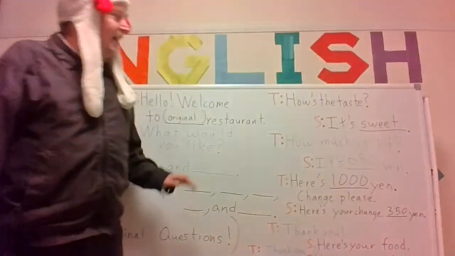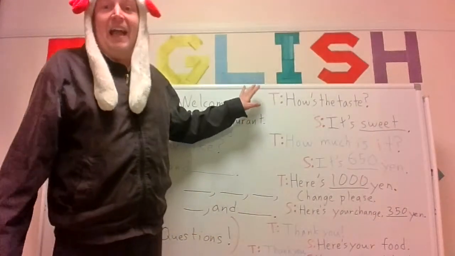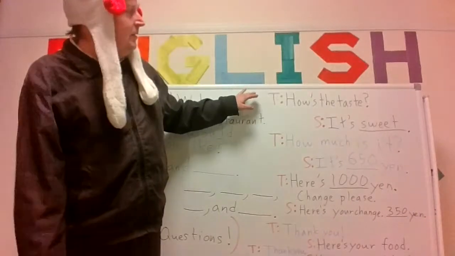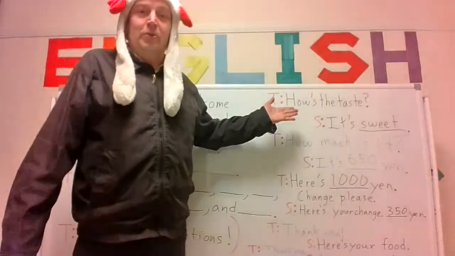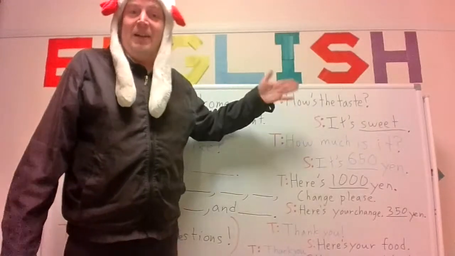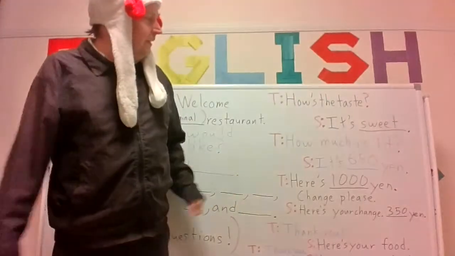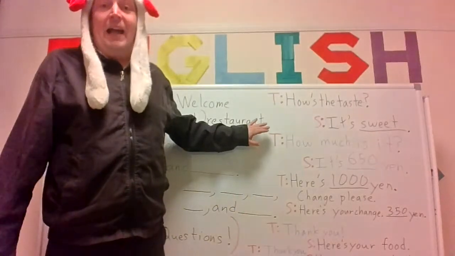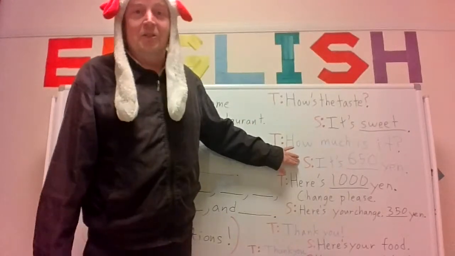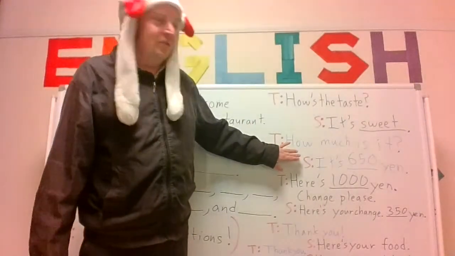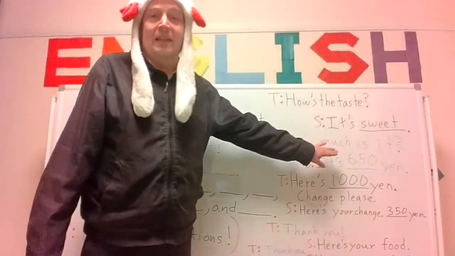Then the next one is "How's the taste?" from the teacher, and the students describe their original food: it's sweet, it's spicy, it's delicious. Then I ask them, "How much is it?" and the students answer with the price they made for the original dish, like "It's 650 yen."